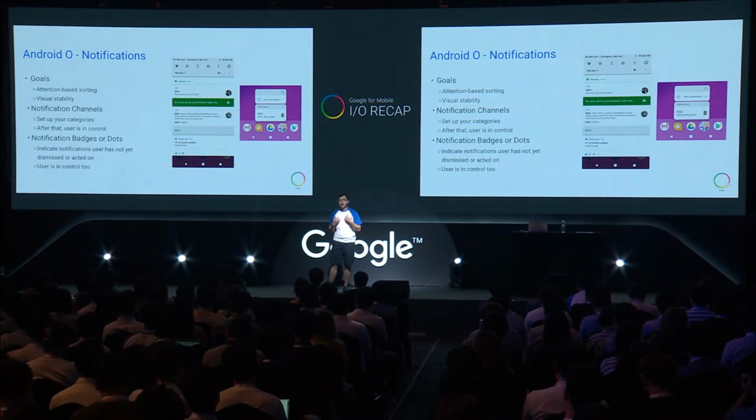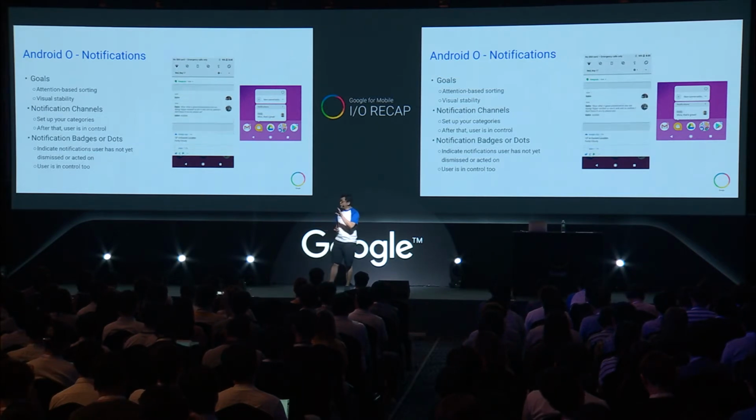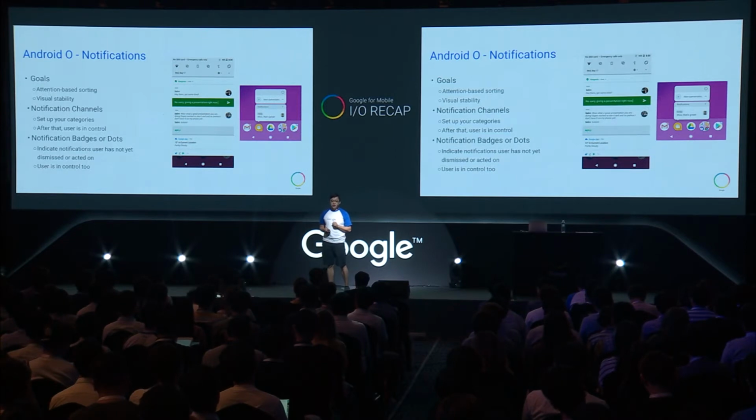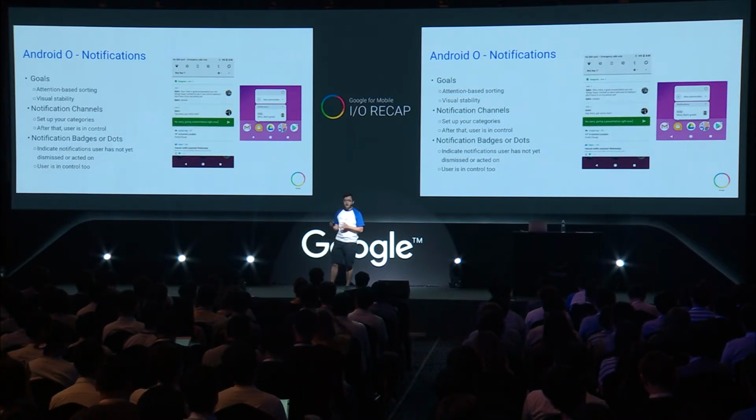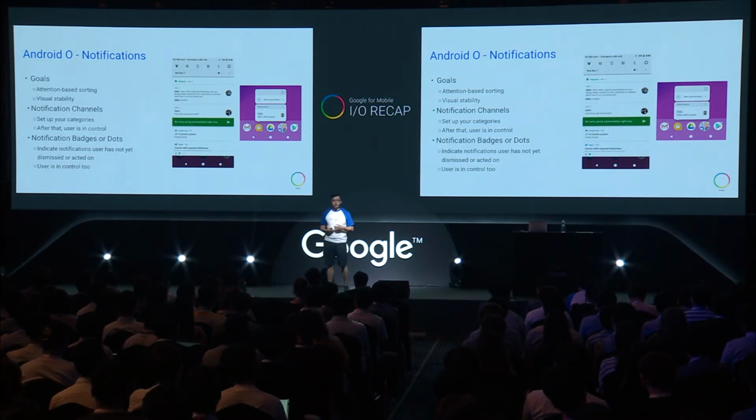The first one is the ongoing notification, which shows the user what is ongoing, for example, in navigation, or a background process warning, so we want you to pay attention, because that may be something that uses up your battery the most.